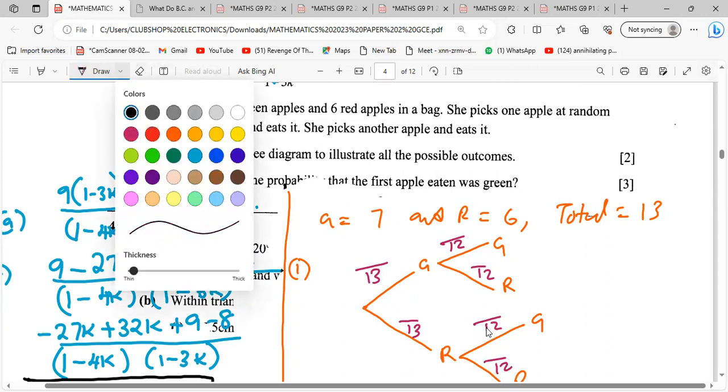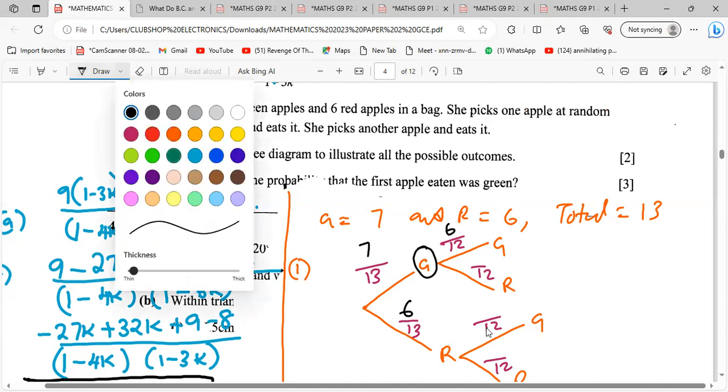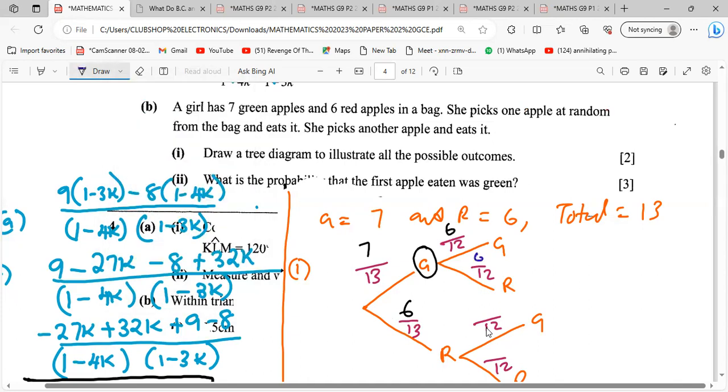In the first picking, there are 7 green apples and 6 red apples. Since one was picked, the number is reduced. We don't know which one was picked, so we make an assumption. What if it was green in the first picking? Then for the second time, the green apples reduce from 7 to 6, and red remains 6.